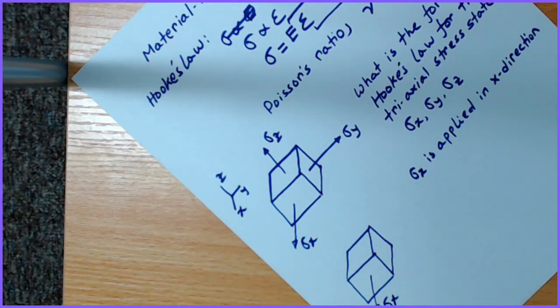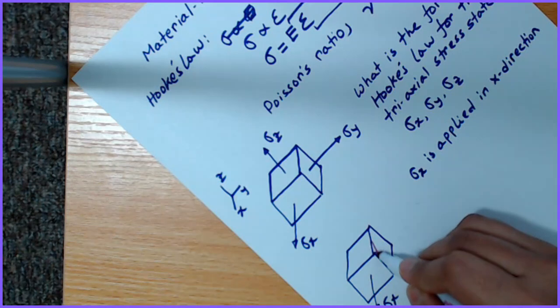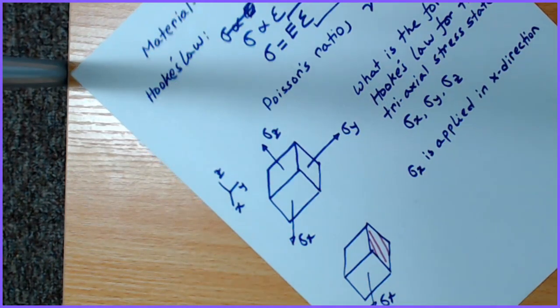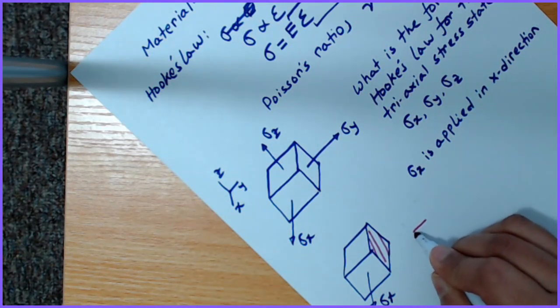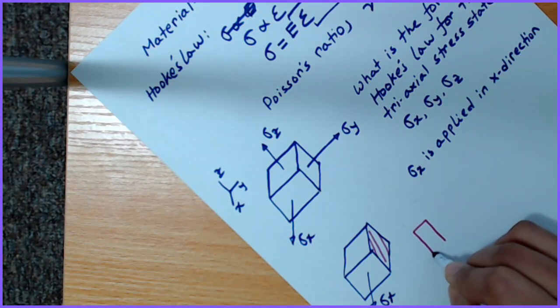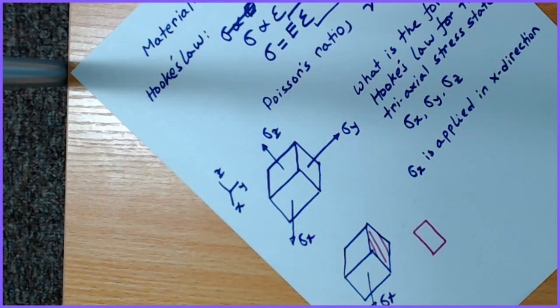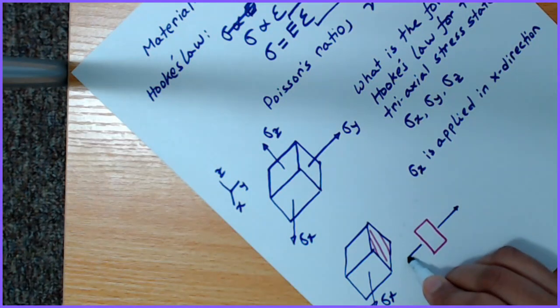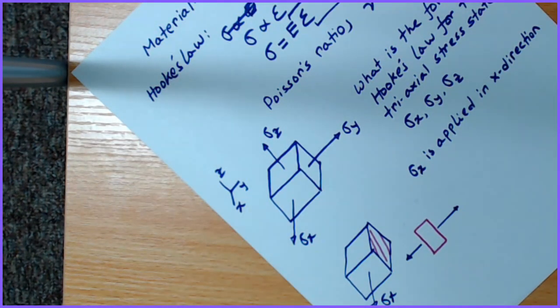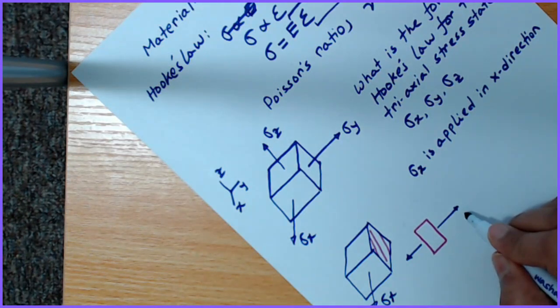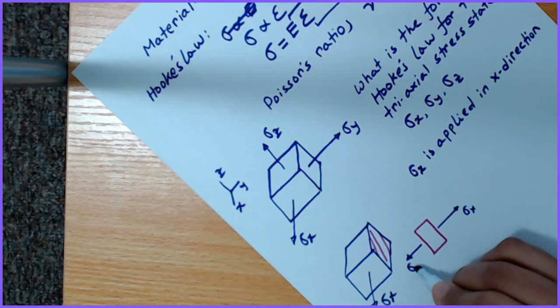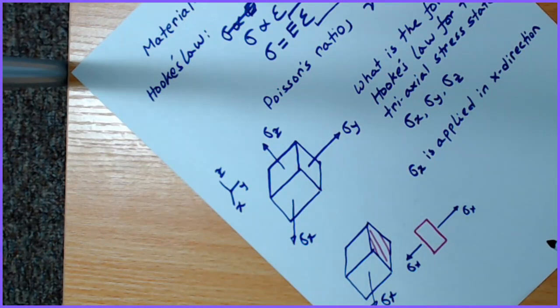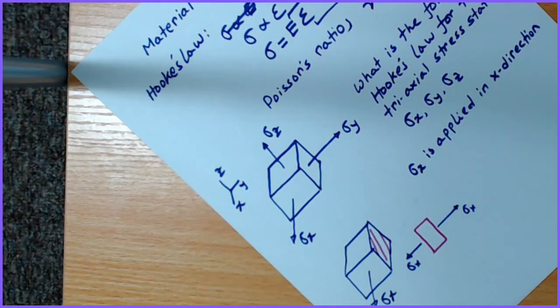So for simplification, if I take this face for example and draw this face, sigma x is acting on both sides. Sigma x, sigma x.